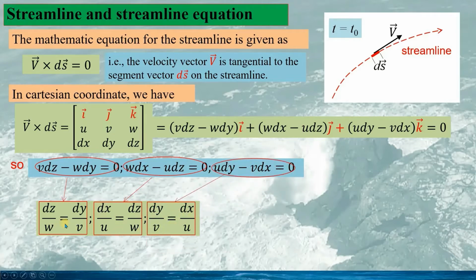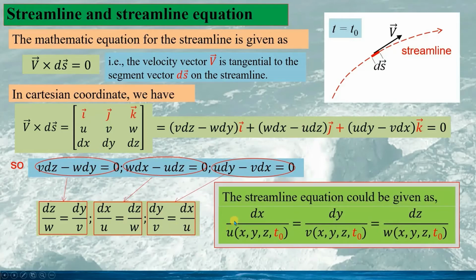So we can see the position increment dx divided by the velocity component u would be same as the increment dy over the corresponding velocity component v. And the same as for the z direction, dz divided by w, the velocity component on z-axis.